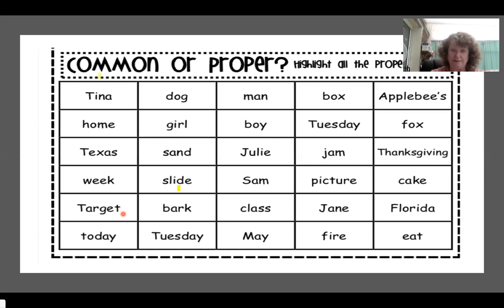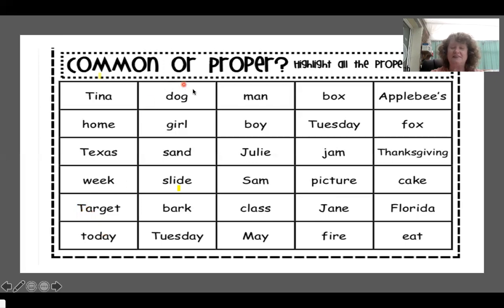So again, that is a proper noun. Notice something else about the beginning here? It's not the fact that it's a capital T. Have you guessed yet? Everything that is a proper noun has a capital letter at the beginning, always.